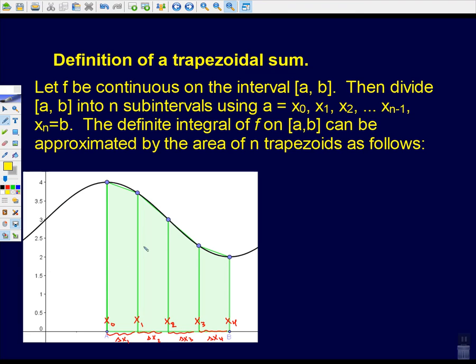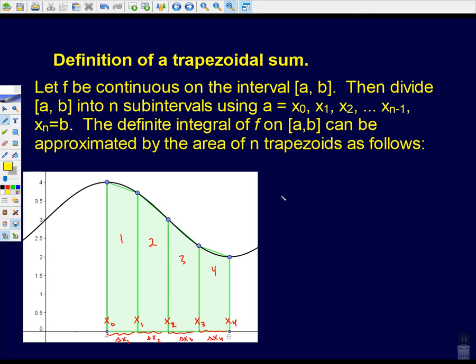So let's write out the 4 trapezoids. Remember that the rule for area is to take the average height and then multiply by the width. So what I'm going to do is number these trapezoids: number 1, number 2, number 3, number 4, and as I write them out here, we'll identify them by trapezoid 1, 2, 3, 4.